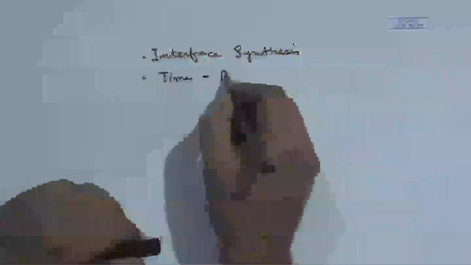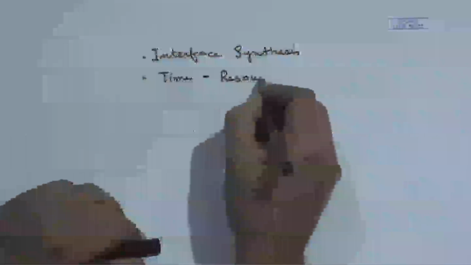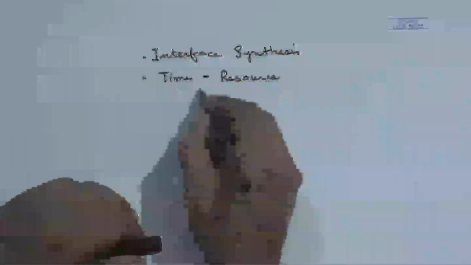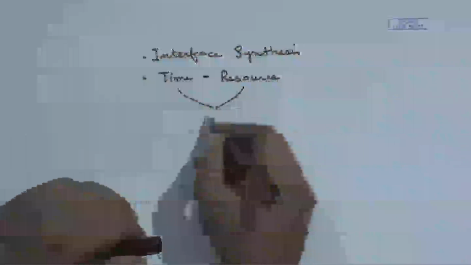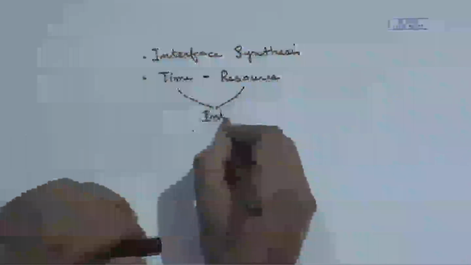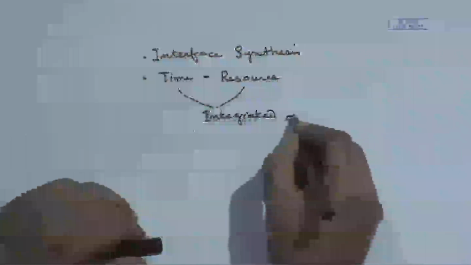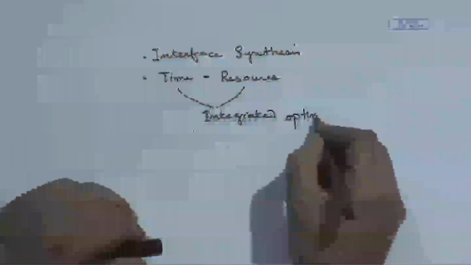Interface synthesis is there. I have not done, see, this is a classic optimization problem where the time and resource conflicts are always there, and so integrated optimization is a very important issue.